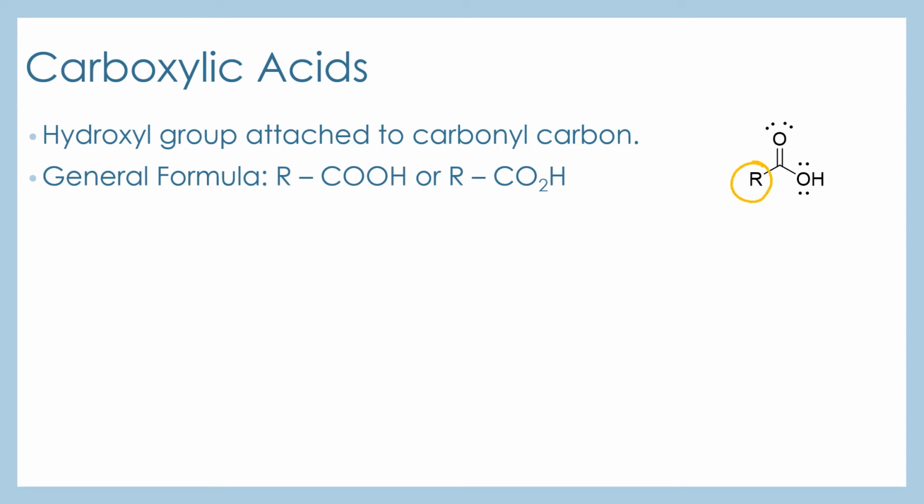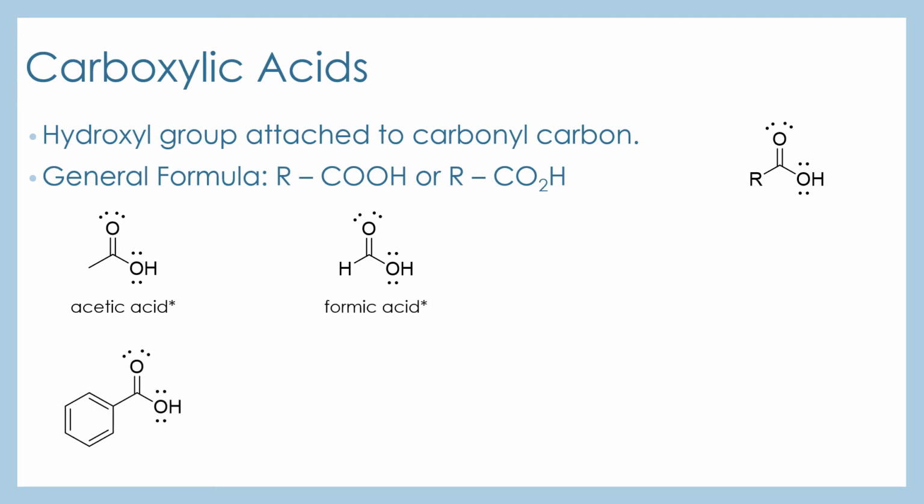So you have your R group, you have your carbonyl, and then you have a hydroxyl group attached to the carbonyl carbon. This molecule here is acetic acid. This is formic acid. This is benzoic acid.